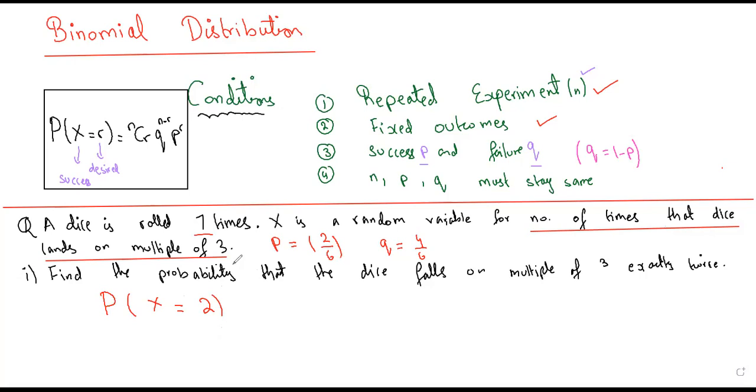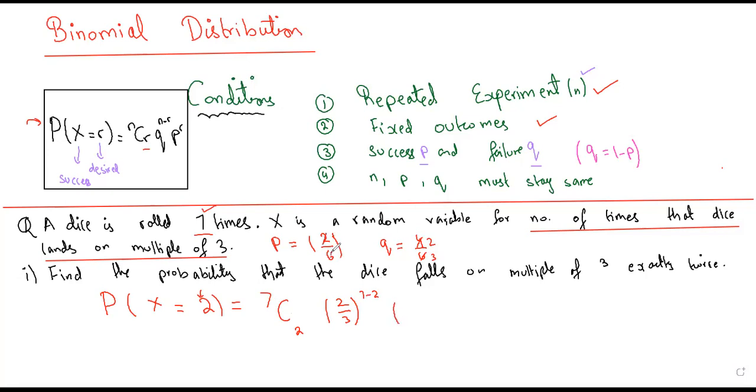Okay. And now this is going to be what? Now I need to find this out. So it's very easy. Everything is there. N is the number of times experiment is repeated. So 7C r, that is my 2. 7C2, q, that would be 2 by 3. So 2 by 3 to the power n minus r, that would be 7 minus 2, into p.